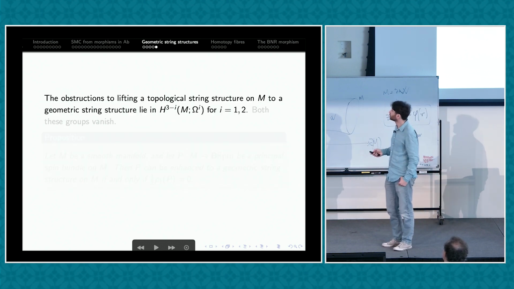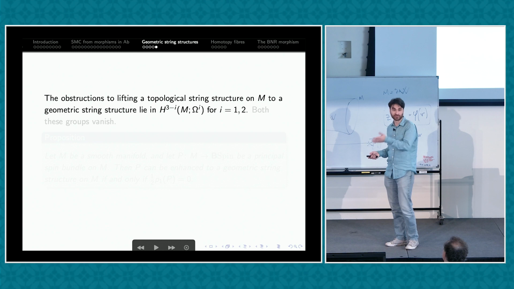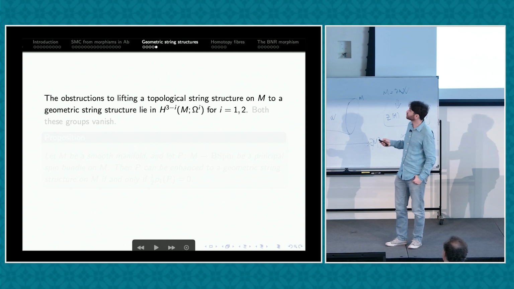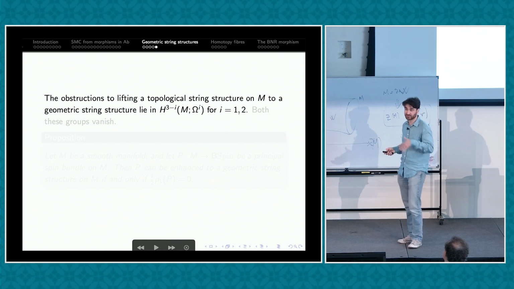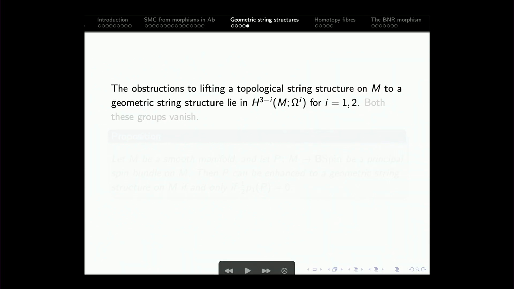So why geometric? If you look at what are the obstructions in going from topological to geometric, you meet 2 of them. And these 2 are in H2 of omega 1 and in H1 of omega 2. But for a smooth manifold, differential forms have a partition of unity, so these higher cohomologies are 0.